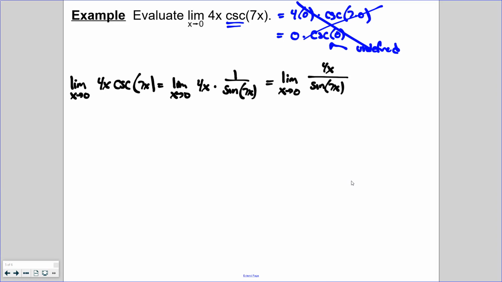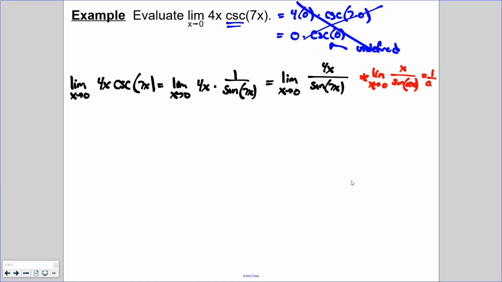And this looks really familiar, because let's remember we have that same identity: the limit as x approaches 0 of x over sine of ax is equal to 1 over a. We can see here that a is 7, but before we can apply this limit, we need to get rid of that 4.